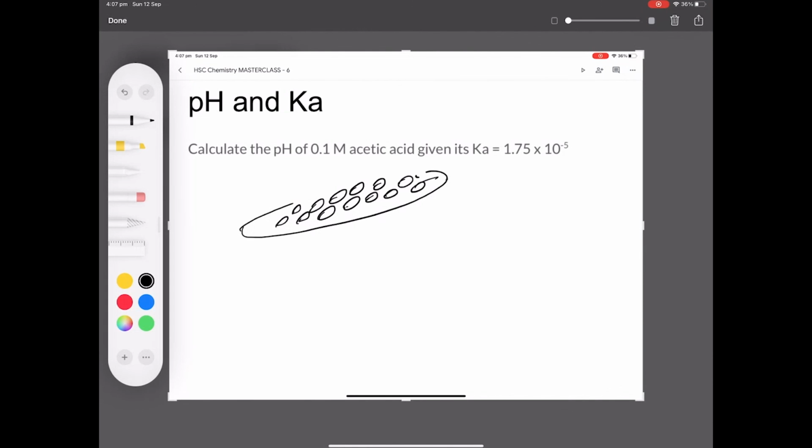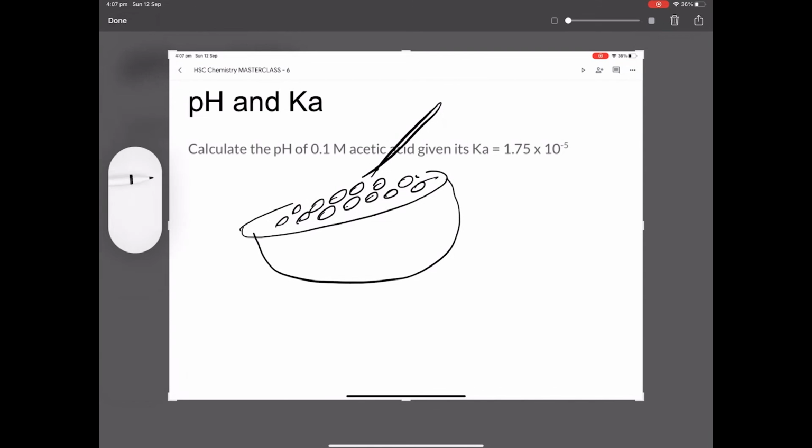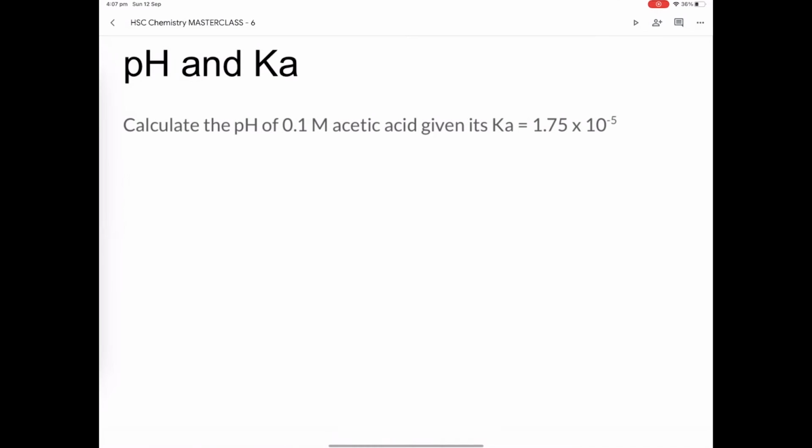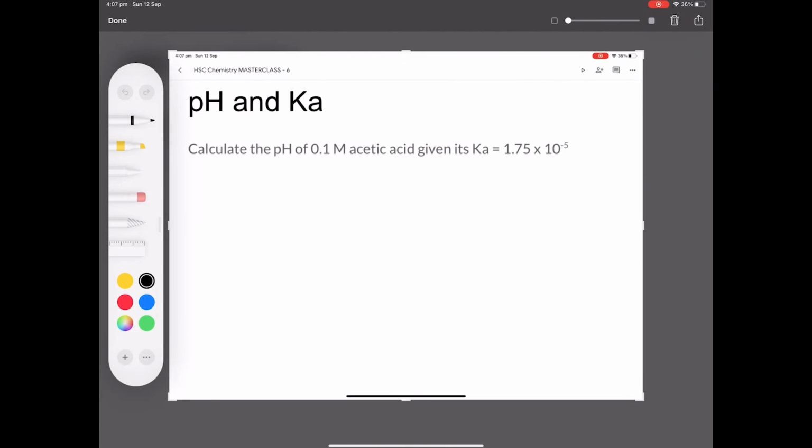Good, right? And one thing you should consider always is to do a rice table. So it's my artistic impression. But don't forget, whenever you have a K question, especially with pH involved as well, always consider whether you need to do a rice table. In this case, you may not need to because it'll be pretty fast, right? So take it away, Shashanth. What do we do?